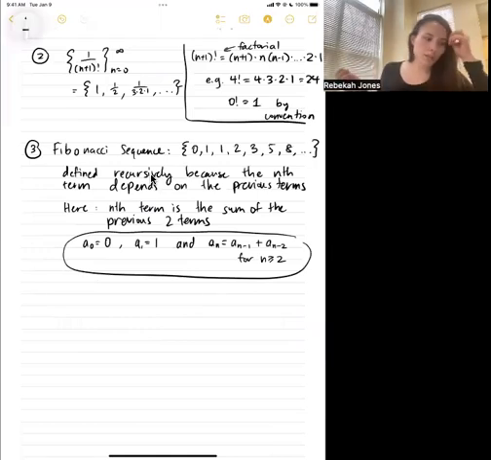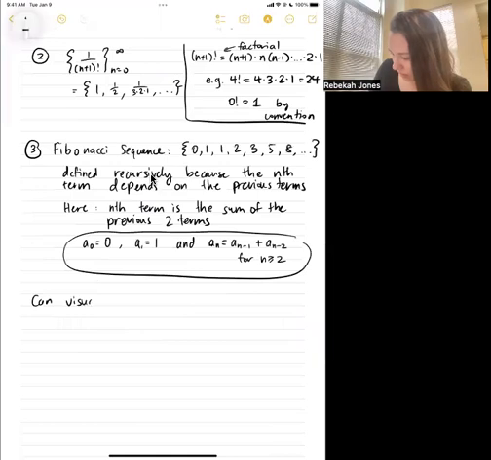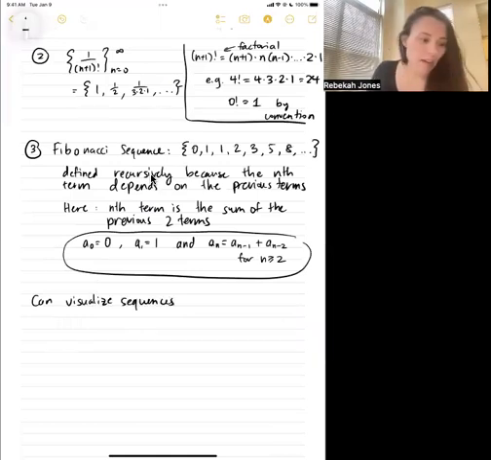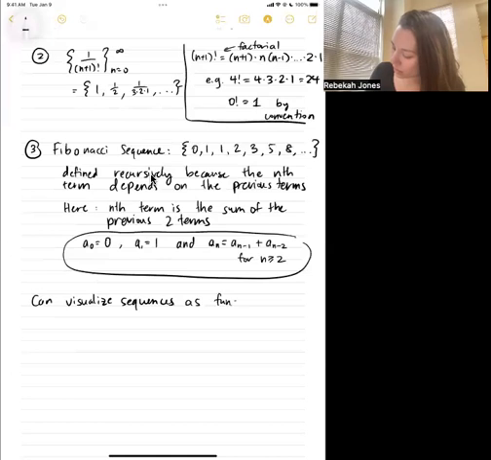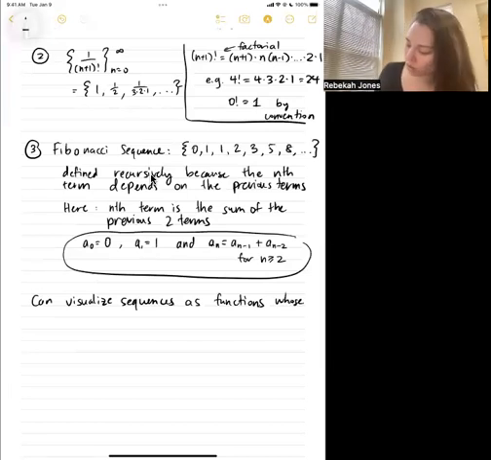All right. So one way that we can visualize sequences is as functions, right? They will be functions whose domain is the positive integers.